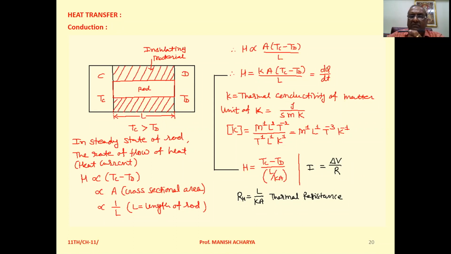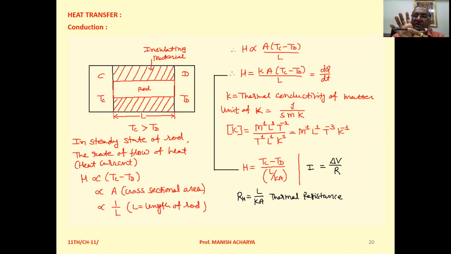We give that electric current I equal to delta V, or simply V, the potential difference, upon the electrical resistance R. So here we can establish the analogy.